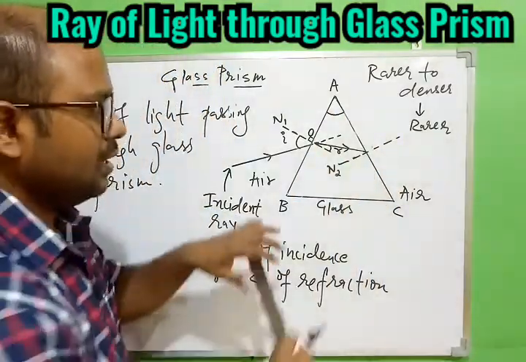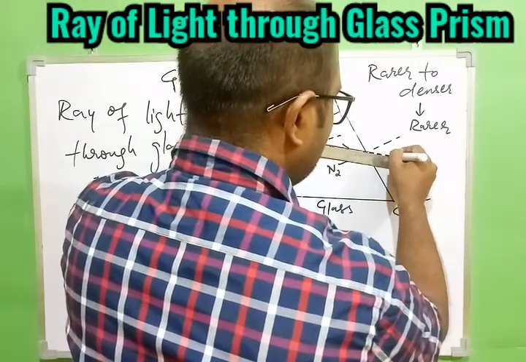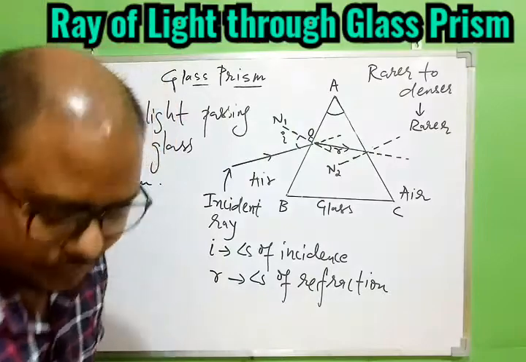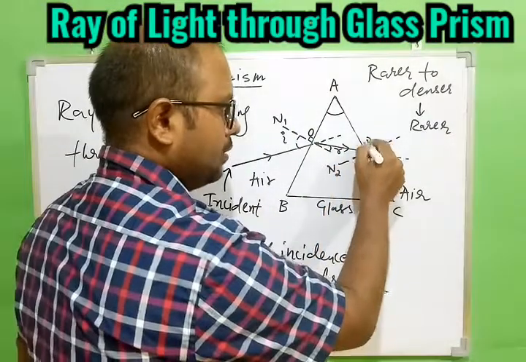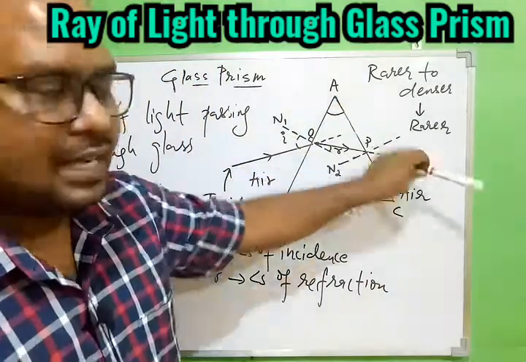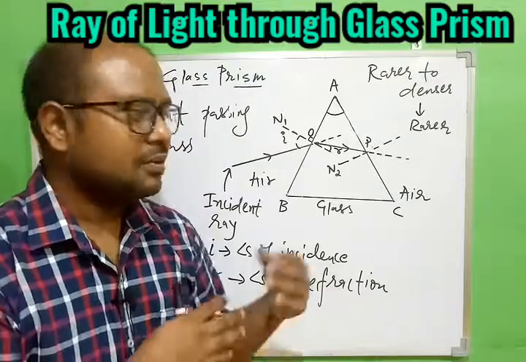Now if the refraction did not take place, then this would be the real path. If refraction did not take place here at this point P, the ray of light would pass straight away, that is the dotted line, because the property of light is that it travels in a straight path.